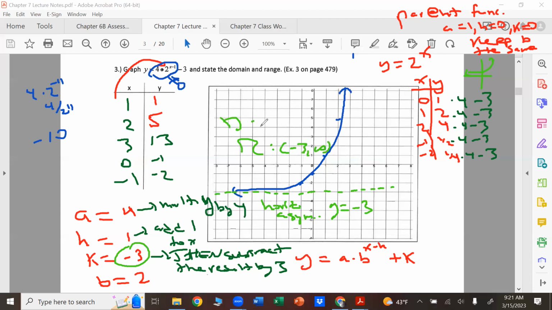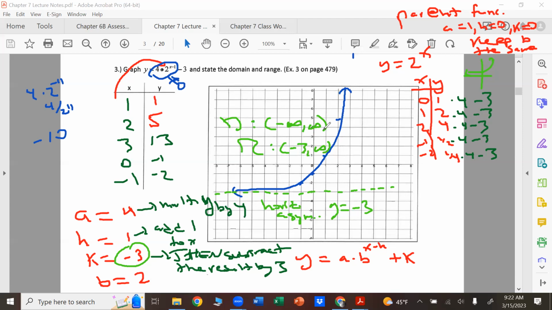The domain's still all real because you can plug in whatever you want for exponential functions. The domain's always going to be all real for exponential. Just so you know, for everything we're doing in chapter 7a, the domain is all real. Actually, yikes! In 7b, the domain will change. I apologize.